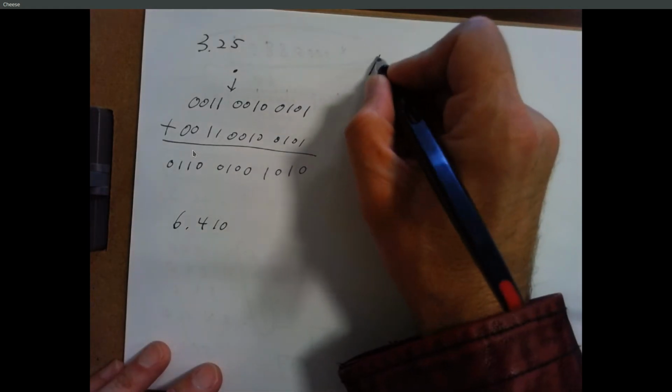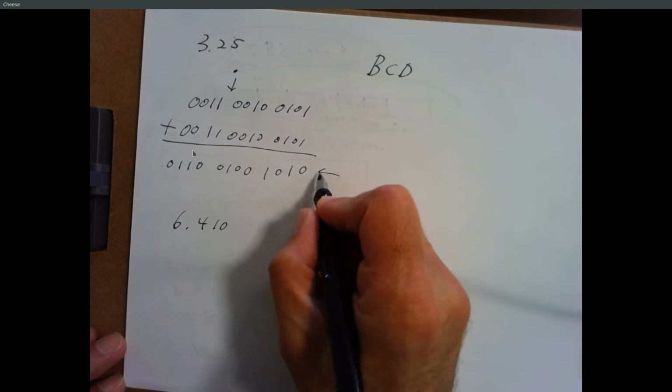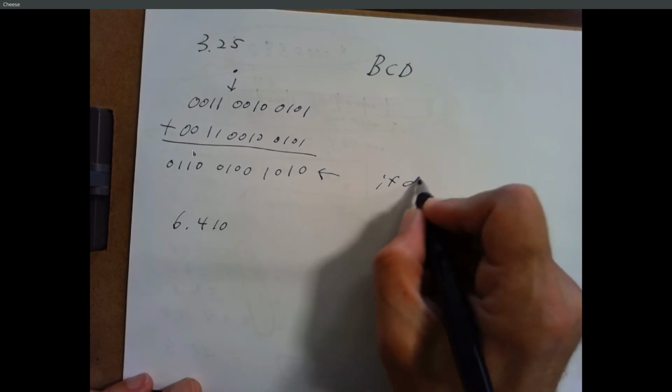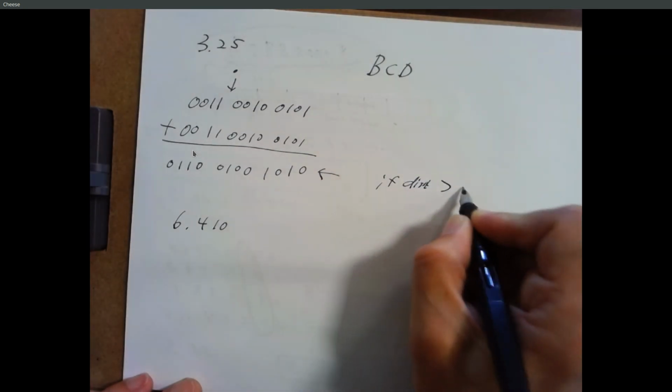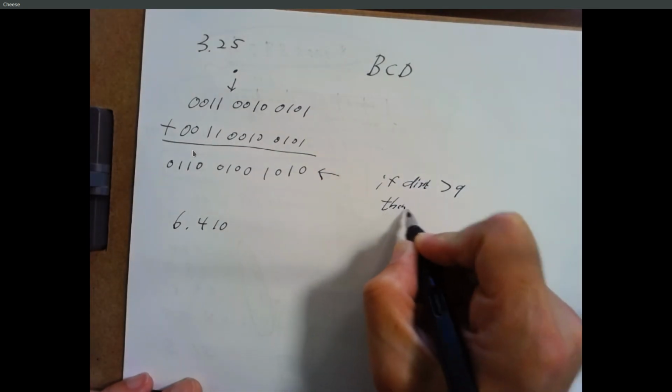So if I use binary coded decimal, BCD, and I do an addition operation, I need to do something else. I need to make an adjustment. I need to look at each column, and if it's bigger than 9, I need to add an extra 6. It's just a thing. So if a digit is bigger than 9, then add a 6.